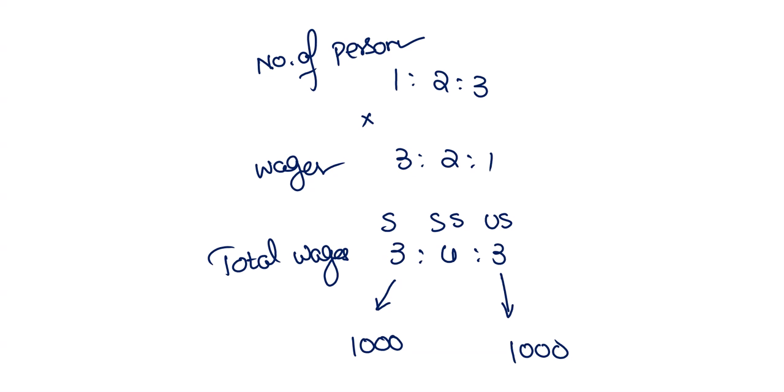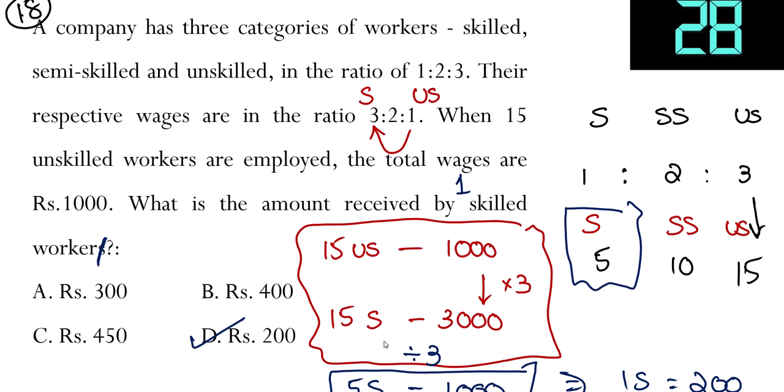As the ratio is the same, 3 and 3, the total will be the same. But the number of people is different here. Here if it is 30 people, here 10 people only. As per that, we have 15 unskilled but only 5 skilled, so we have to map accordingly. So 5 skilled workers will get 1000 rupees. One skilled worker is 200.